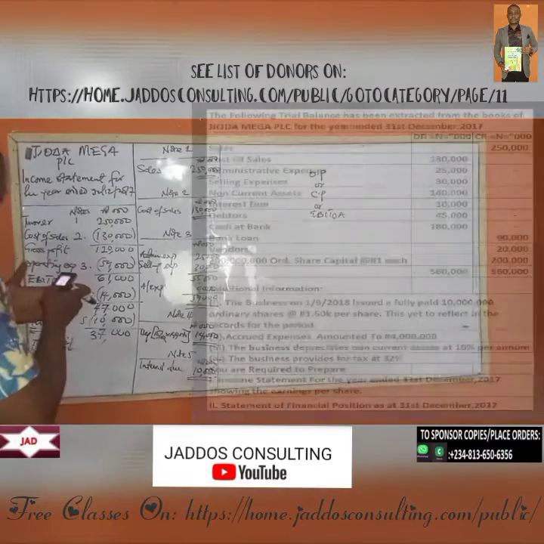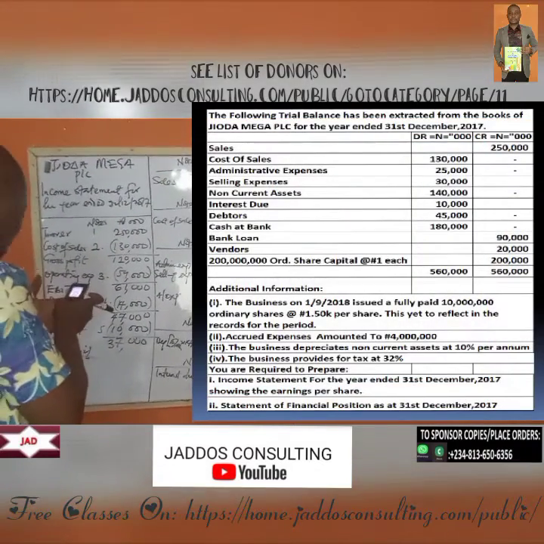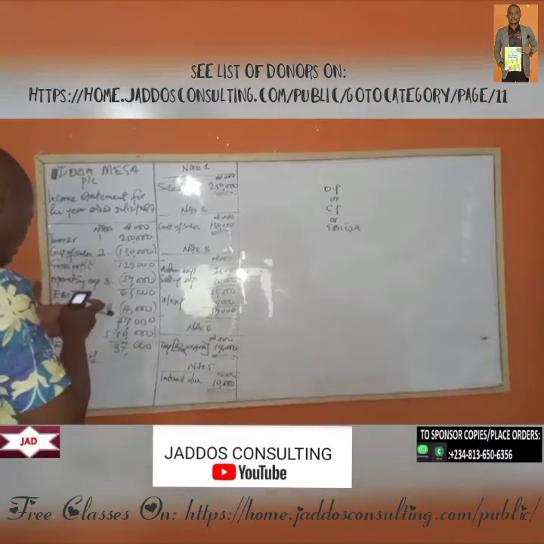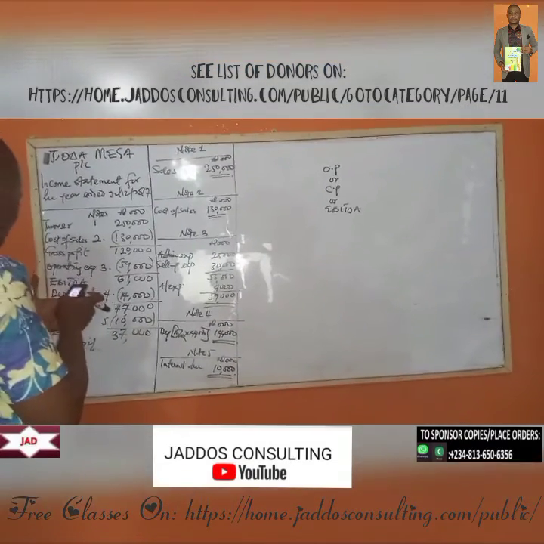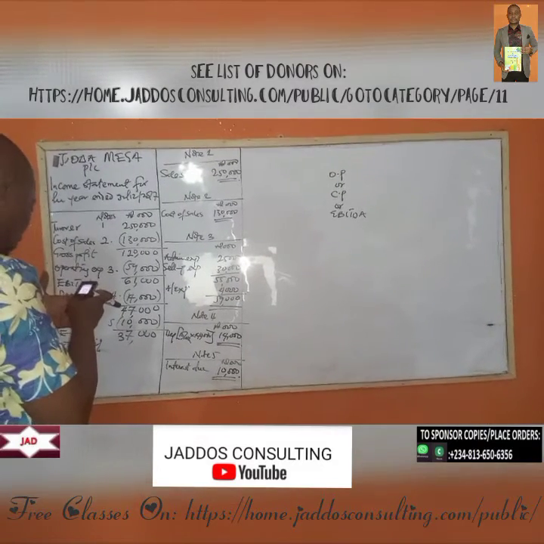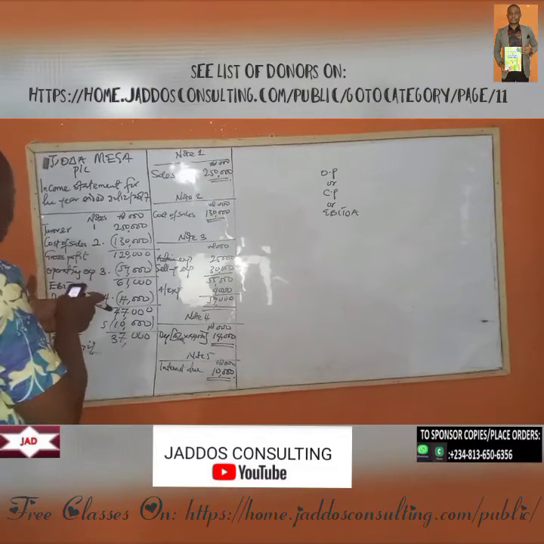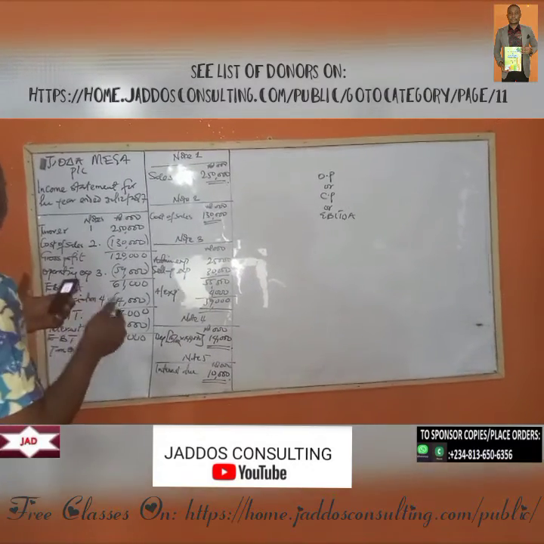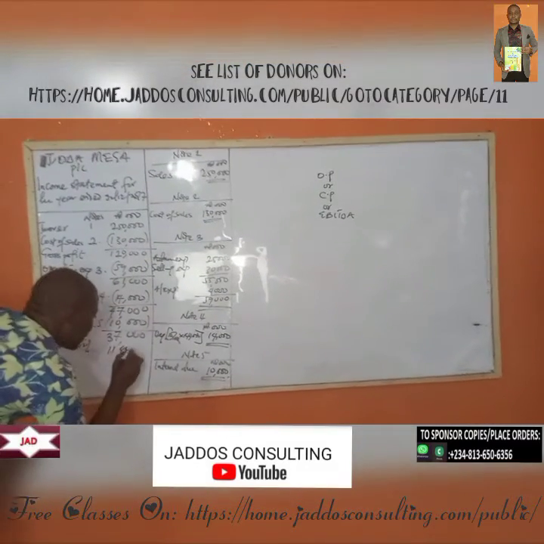That will be 32 divided by 100 times 37 million. $11,840.